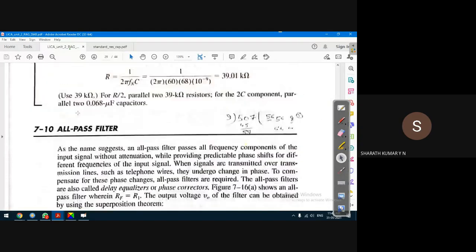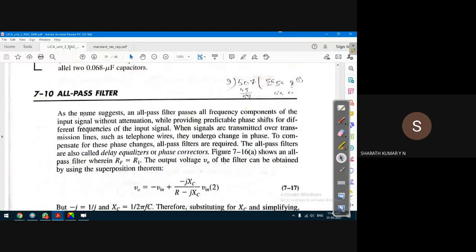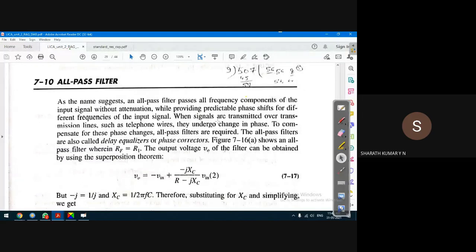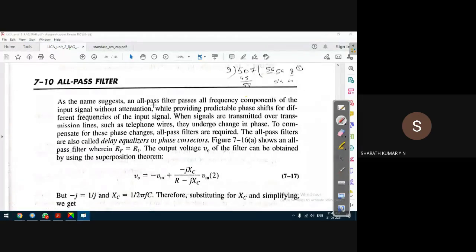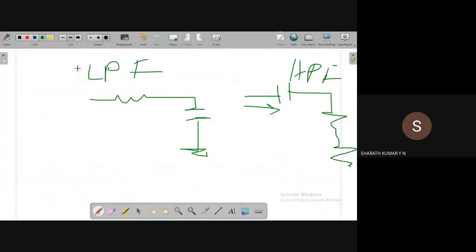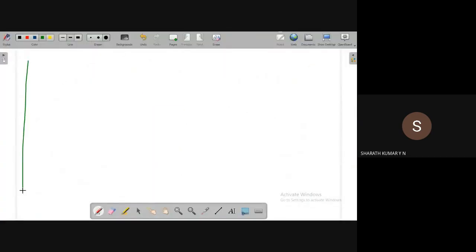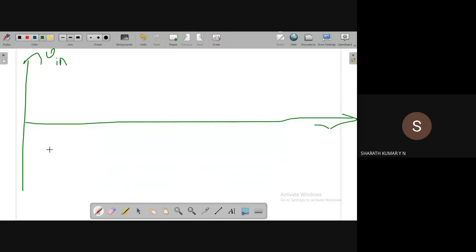Okay, the next type of filter is called an all-pass filter. As the name suggests, an all-pass filter passes all frequency components. That means if you take the input signal, this sinusoidal input AC, it can also be triangular or square, whatever it is.